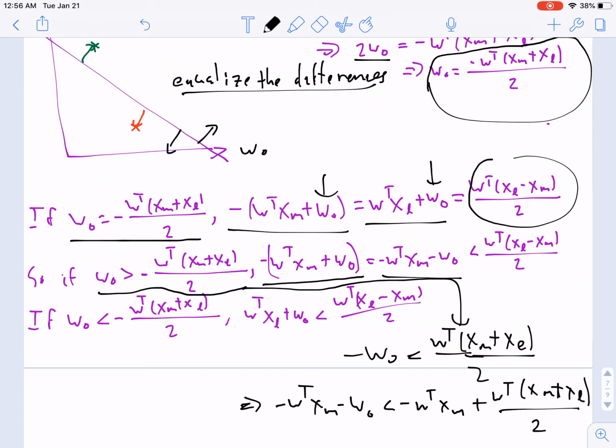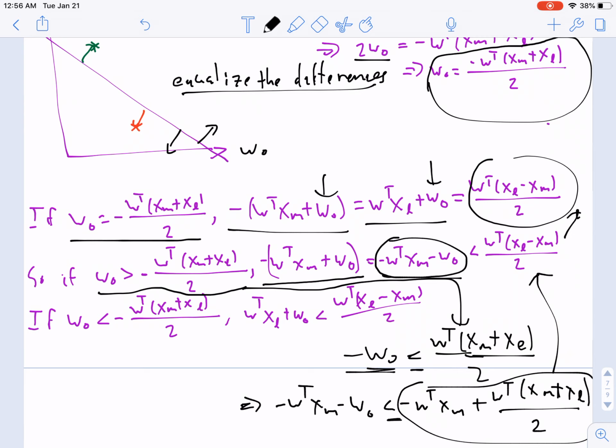I just substituted for negative W naught, and since there's this inequality, the inequality holds through the substitution. The thing on the right here just simplifies down to that. And so we see that that's the distance that we get when we equalize by picking the midpoint. And so the point M is actually closer. It has a smaller margin.